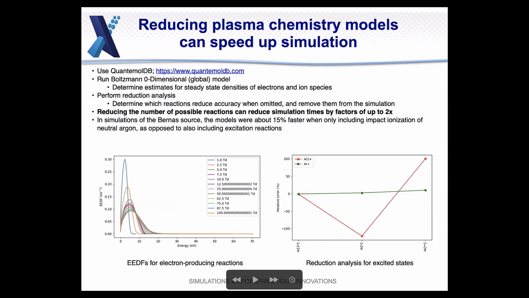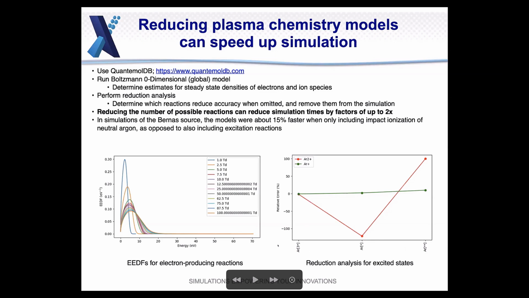But here's just a little example for a different, but similar, case, where I was looking at singly and doubly ionized argon as a function of different excited states. From this, if I don't include my triply excited argon here, then I get basically no difference in my steady state zero-dimensional model predictions for the densities.